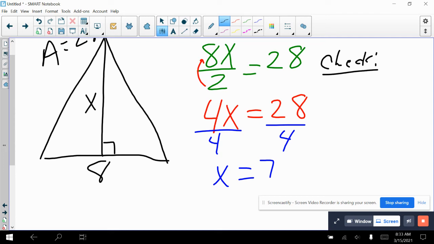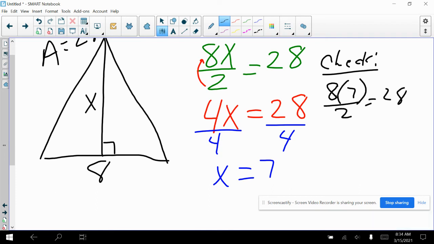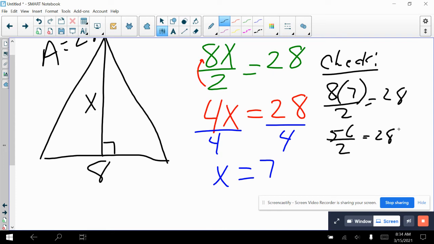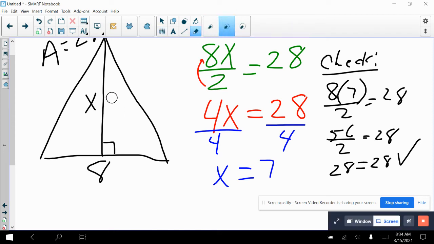Well, let's check to see if our height, 8 times 7 divided by 2 is equal to 28. 56 divided by 2 is equal to 28. 2 goes into 56 28 times. That means the height, oops, I messed that up already. The height of our triangle is 7.